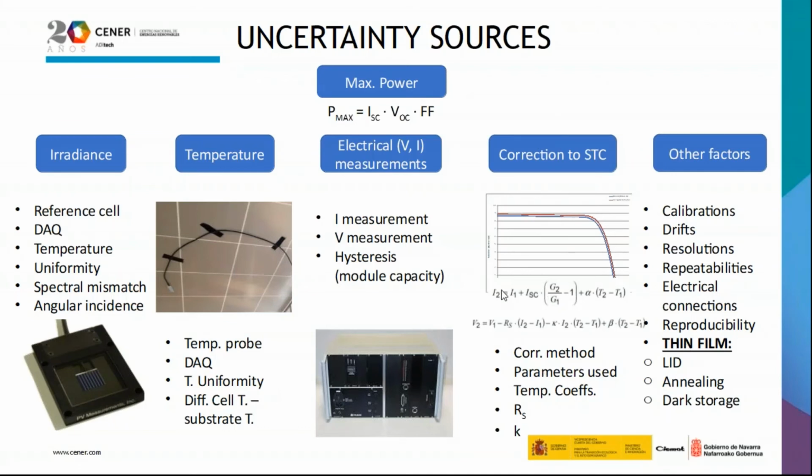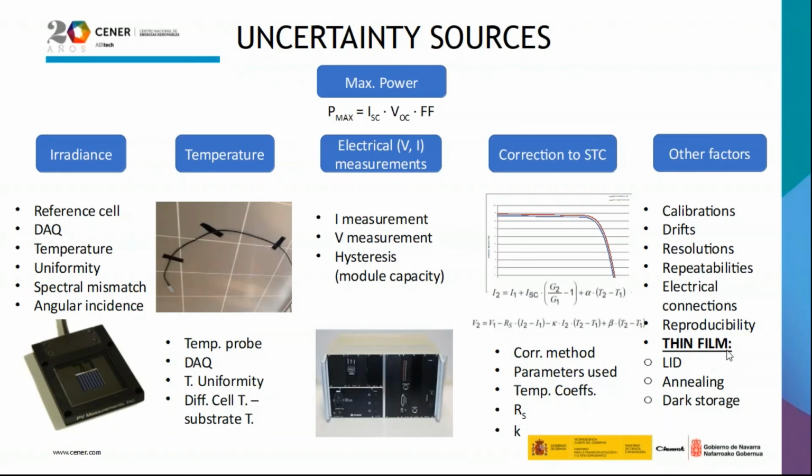You have to apply some equation. If you are using parameters that are not very accurate, you can have different results. That's why, for example, the temperature coefficients or the series resistance are very important, because they can add quite a lot of uncertainty. And whatever other factor you can imagine, actually: everything related to calibration, to drift, to resolution of the equipment, to repeatability, reproducibility, differences in the electrical connections.